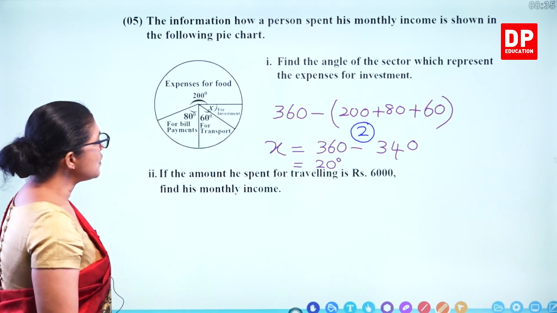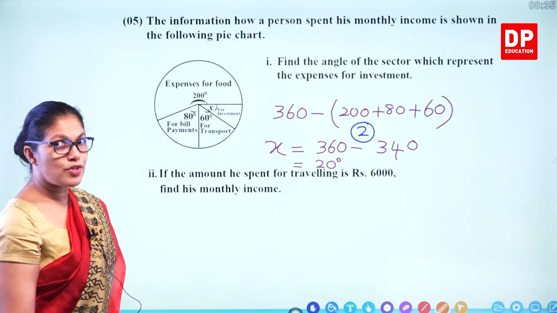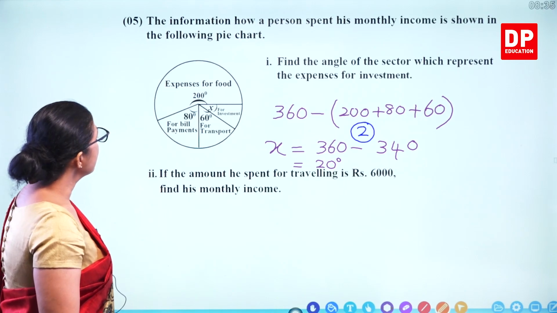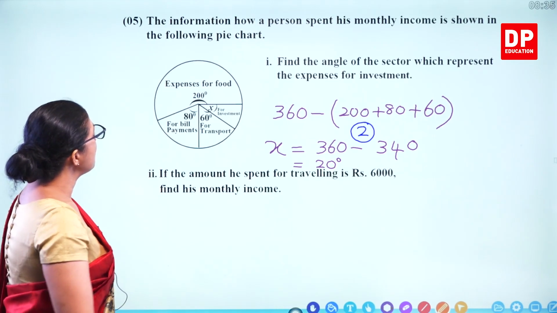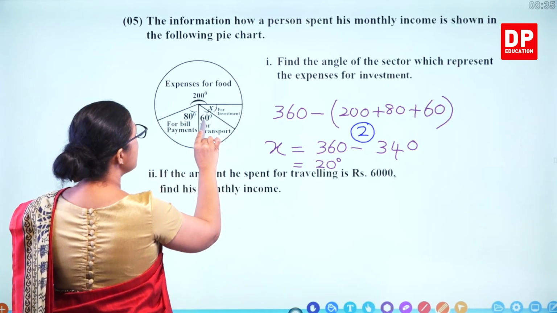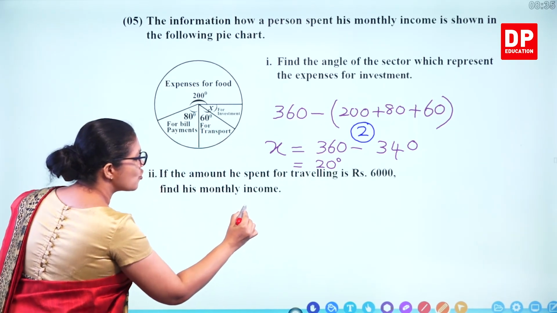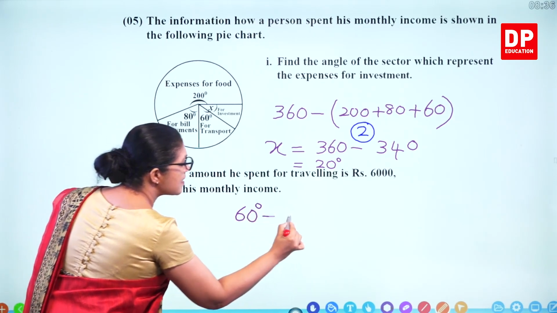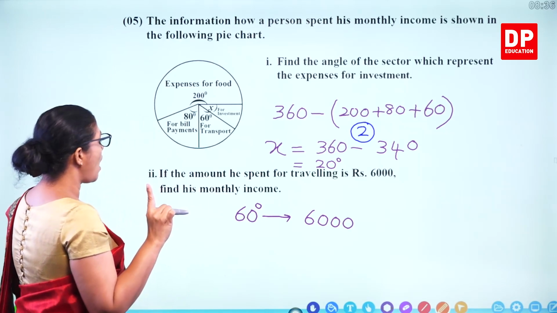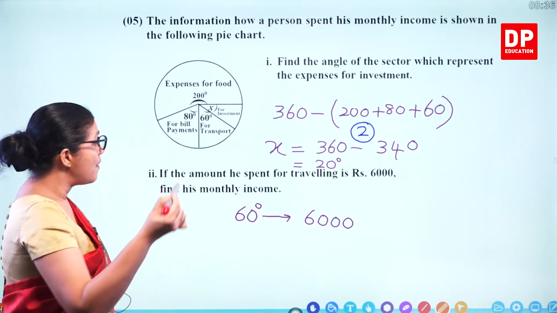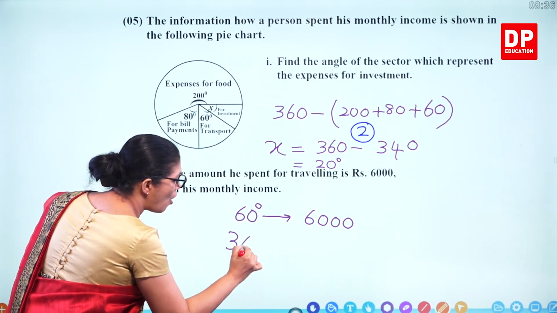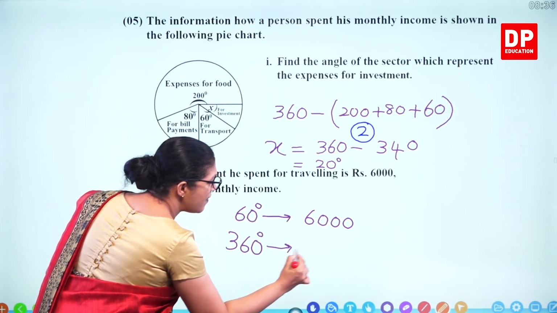If the amount he spent for travelling is 6,000 rupees, find his monthly income. Travelling, that means transportation, that 60 degrees is this much. So 60 degrees is 6,000 rupees. And you are asked to find out his monthly income, that means the full part. So what about 360 degrees?